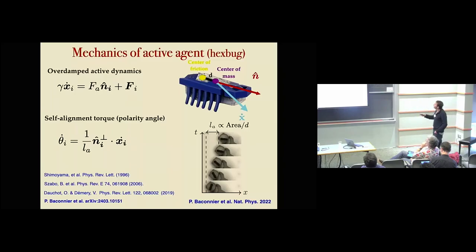What you find is that self-alignment shows up naturally once the center of mass of your robot is slightly different from your center of friction. And the alignment length is proportional to essentially the area of your system divided by this distance d. So this is very simple, and we understand pretty much everything.